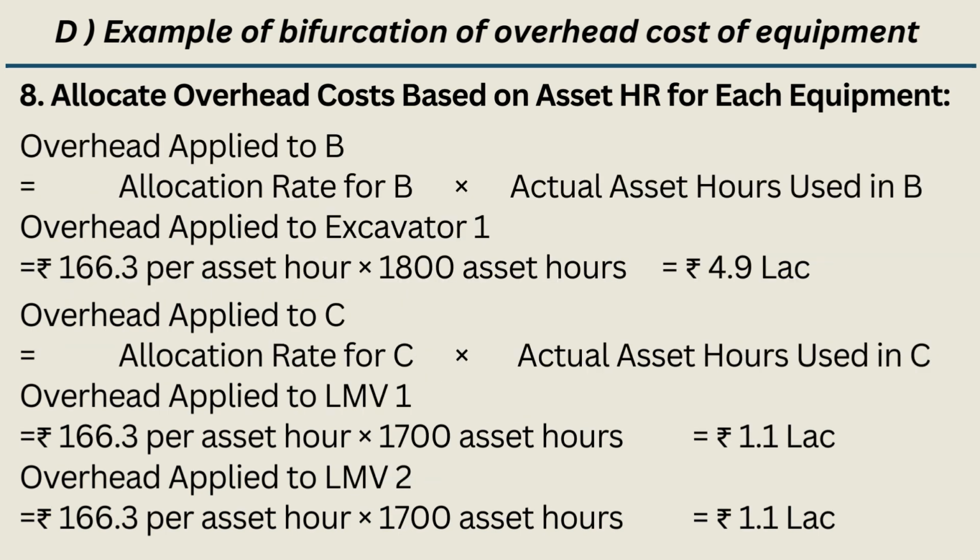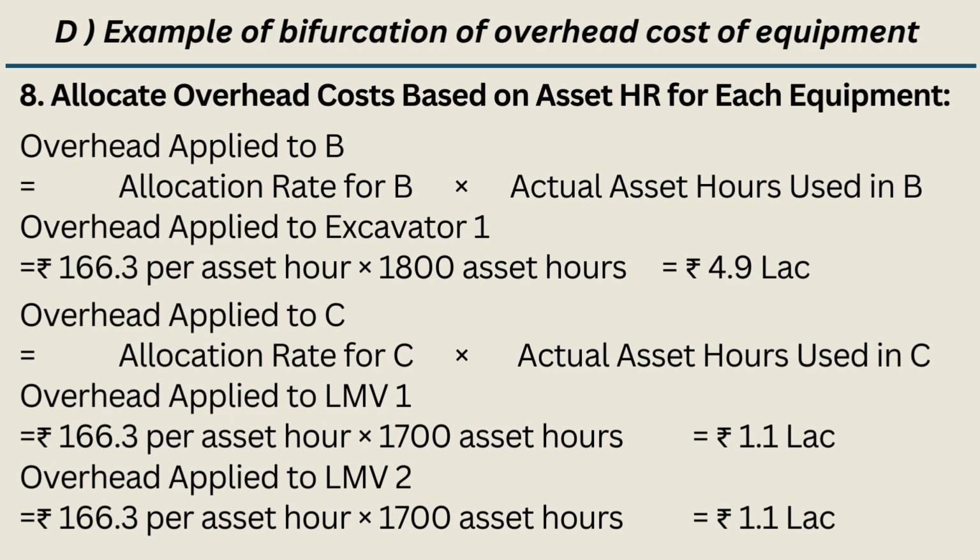For equipment in category B using 1,800 asset hours. Overhead applied to B equals allocation rate for B multiplied by actual asset hours used in B. Overhead applied to excavator 1 equals 166.3 Indian rupees per asset hour multiplied by 1,800 asset hours equals 4.9 Indian rupees lakh. For equipment in category C using 3,400 asset hours.